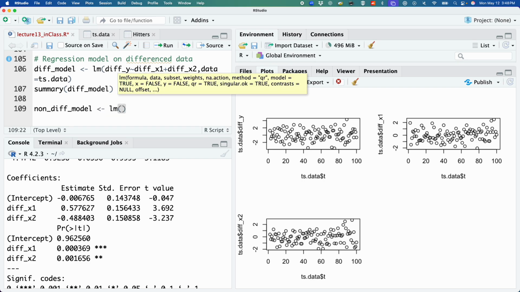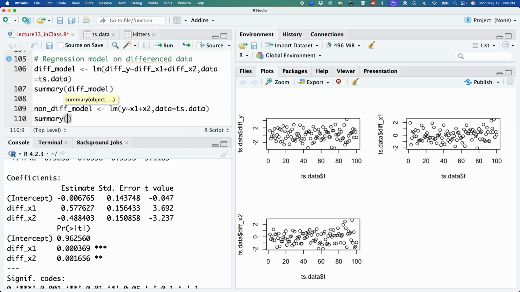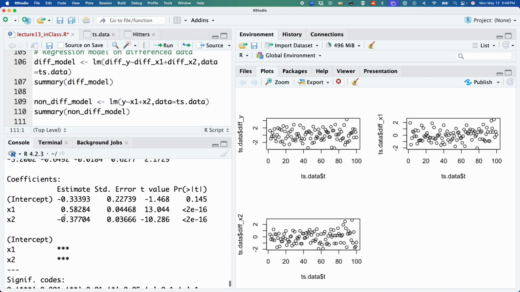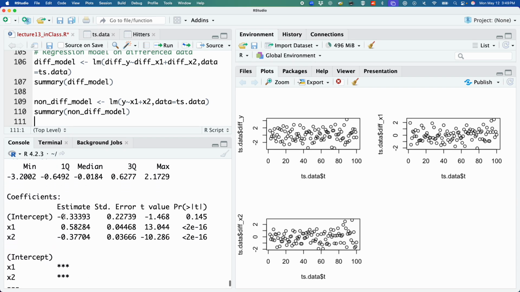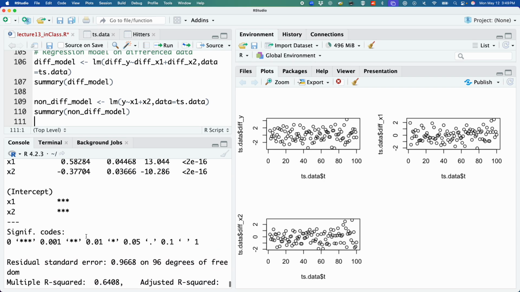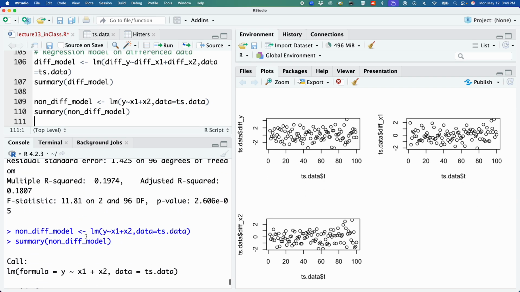If I were to just run y on x1 plus x2, yeah, you'll notice that the values are, hold on, let me see here.